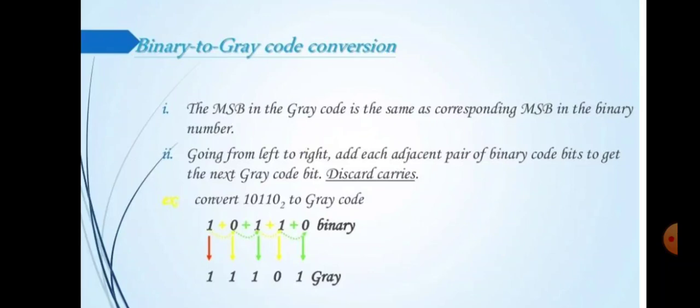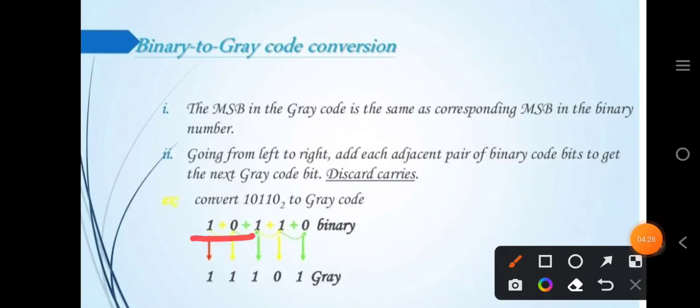Now each adjacent pair of bits of this binary number is added. It means if you consider this 0 and 1, after adding these two, 0 and 1, you will get 1. Okay, so similarly 0 plus 1 is 1, we have written here. Then 0 plus 1 is 1, so written here.